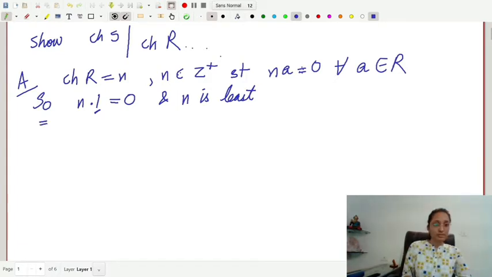So it implies 1 plus 1 and so on plus 1 is equal to 0.